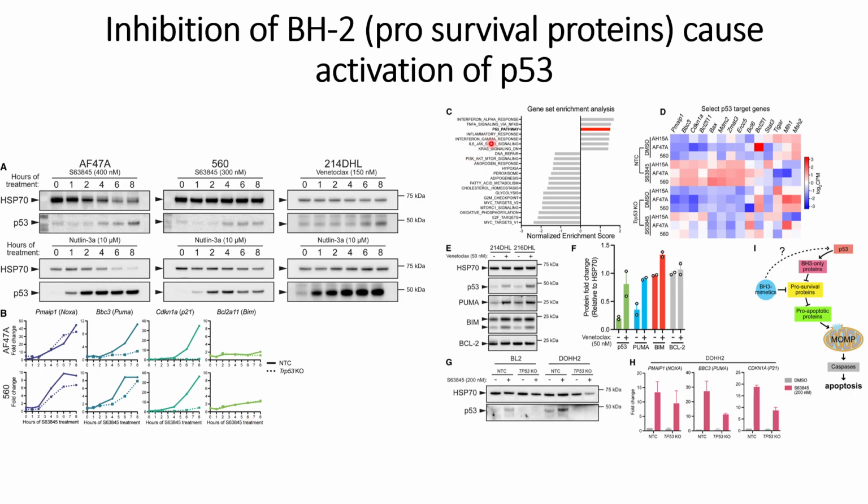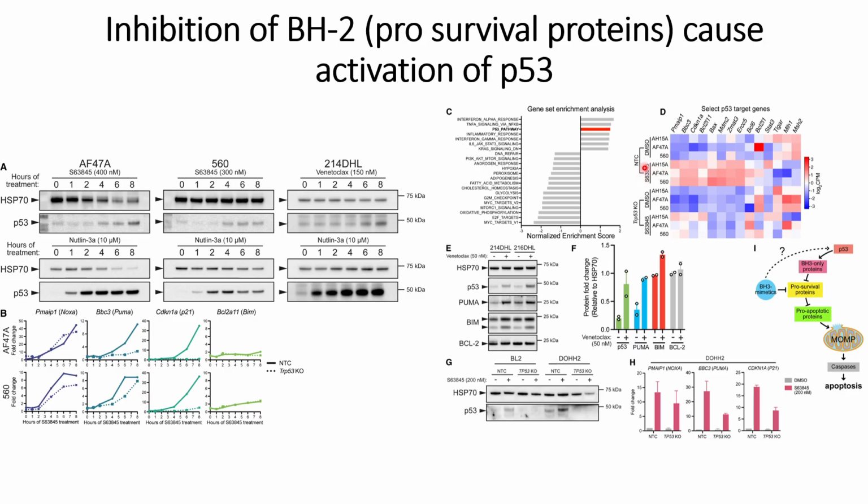They found that, compared to the p53 knockout conditions, the wild type cells treated with these BH2 pro-survival protein inhibitors showed an increase in the p53 pathways. And when they checked the individual genes that are increased, these are the markers of p53 upregulation.